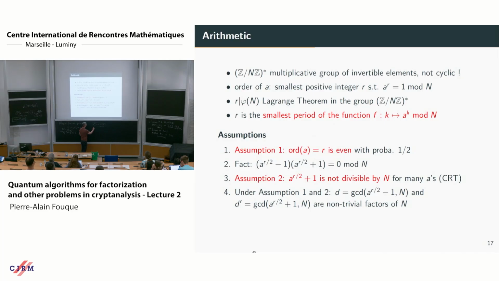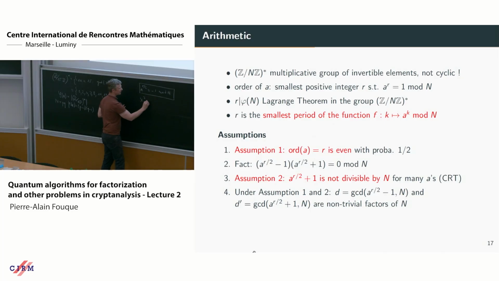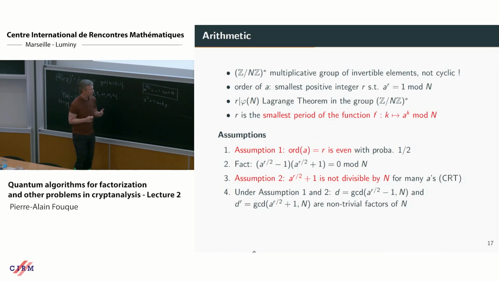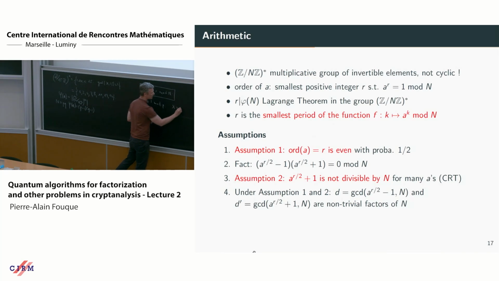Mod p, we can look at this equation, and mod p this equation has only 2 roots, plus or minus 1, because p is a prime and we are in a field. In a field, an equation like this cannot have more solutions than its degree. So there are only 2 solutions, plus or minus 1. This is also the case mod q.